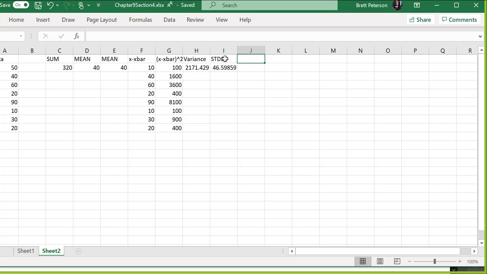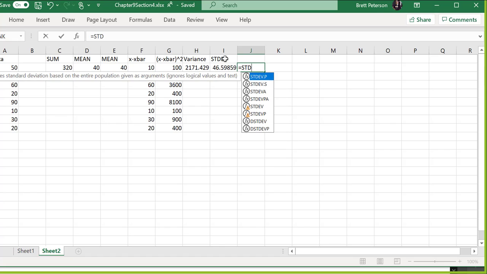Okay, so now we can also use built-in functions in Excel. If you type STD, you'll notice it pulls up two things. It has STDEV, but then it's got .P and .S. What do you think the P stands for?